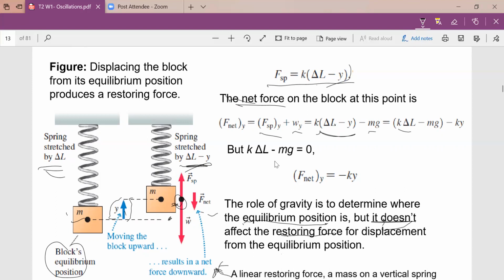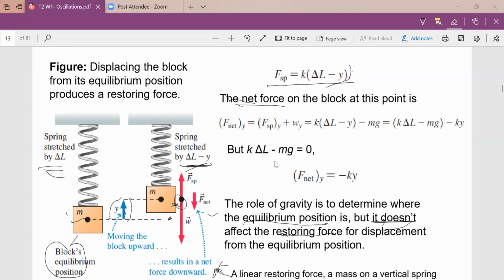So you have something like K change in L minus Ky minus mg, which is equal to this expression here, ky. So rearranging this, that's how we got the expression there.